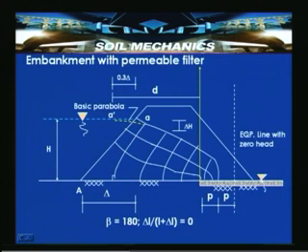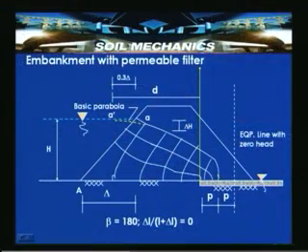If this happens to be the datum, then here is the equipotential line with zero head. So, this is the cross section of the dam which we constructed. Now, the difference from the previous slide is that there is now a permeable filter at the toe of the dam.